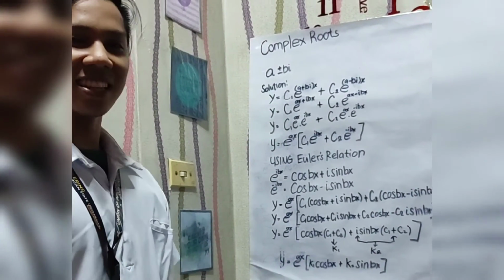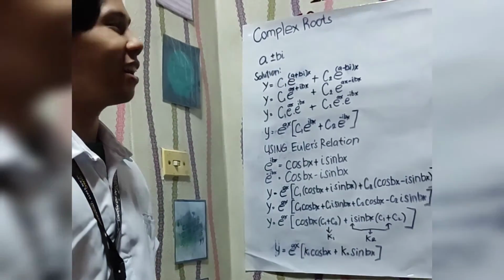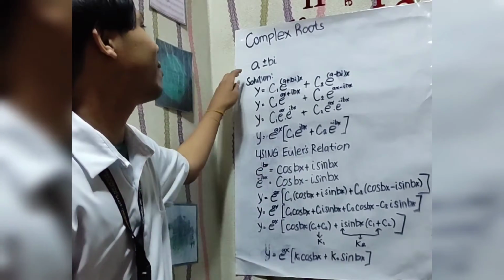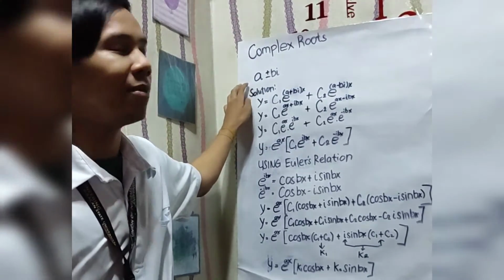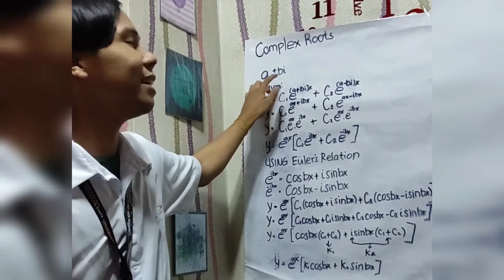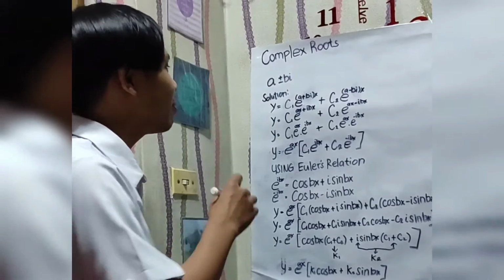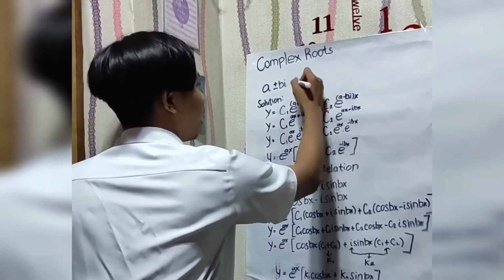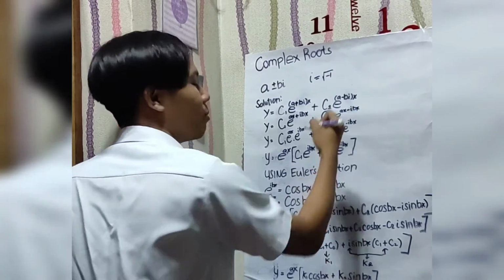When we get complex roots, in the form of a plus minus bi, where a is the real part and bi is the imaginary part, we know that i is equal to the square root of negative 1.